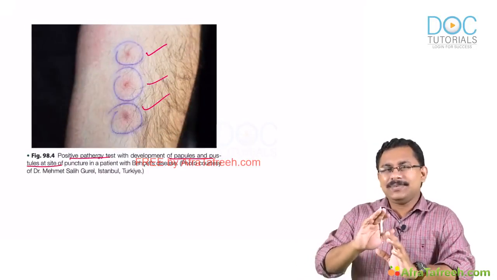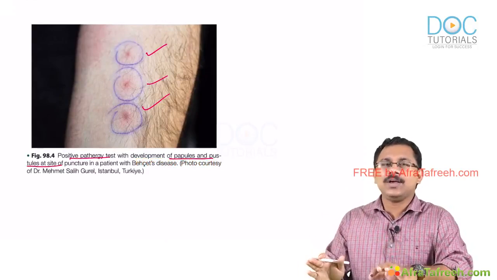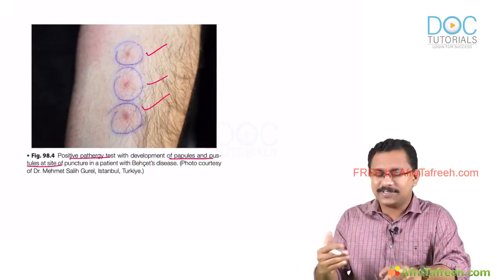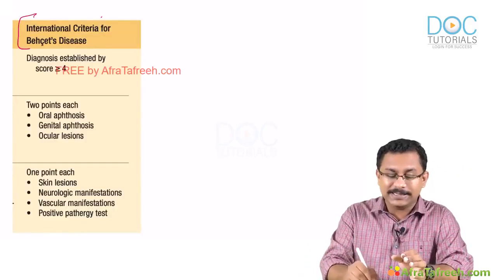Regarding the diagnosis of Behçet's disease, you have a criteria. It's nothing but a summation of what we have said so far. That's called the international criteria for Behçet's disease.